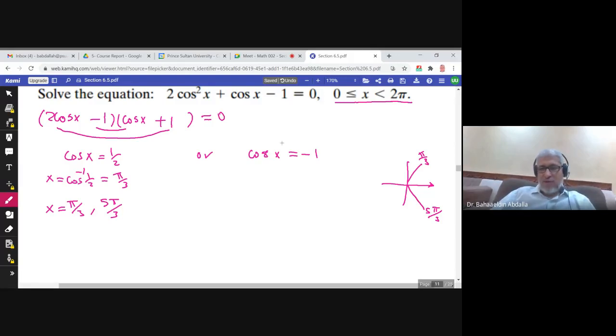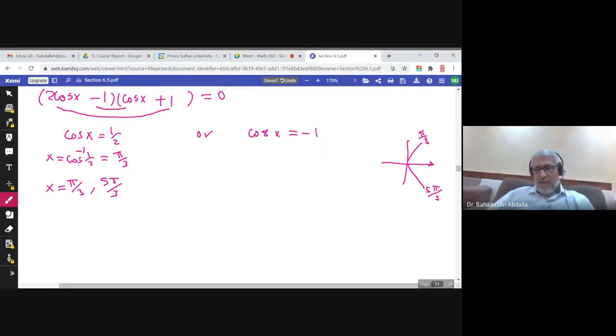Now what about this one? Cosine x is negative 1. Well, cosine negative 1, you find it from here. And if you remember, cosine is x. So cosine is negative 1 only here when you have negative 1 and 0. So the only solution of this equation is pi.